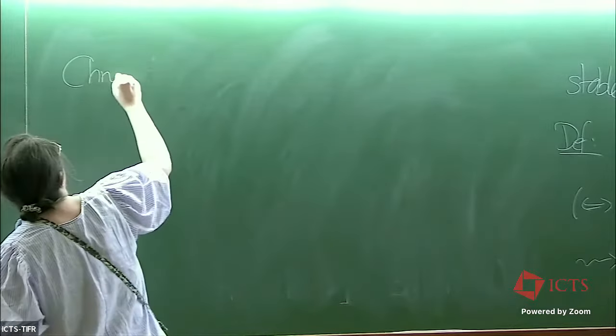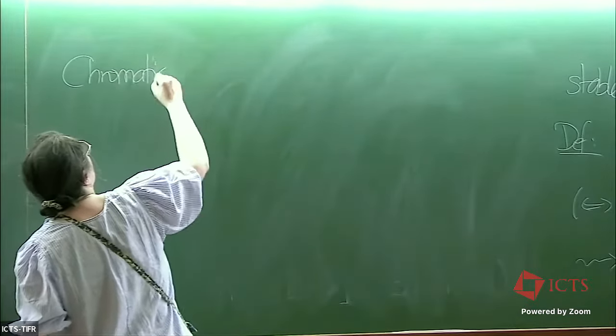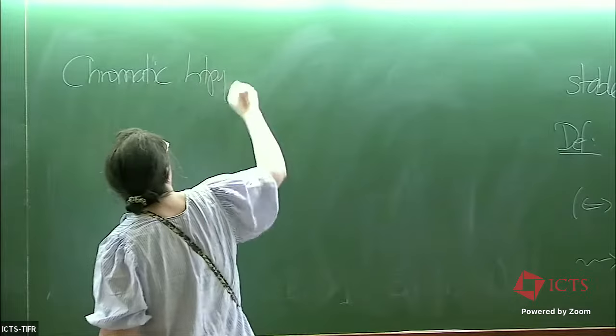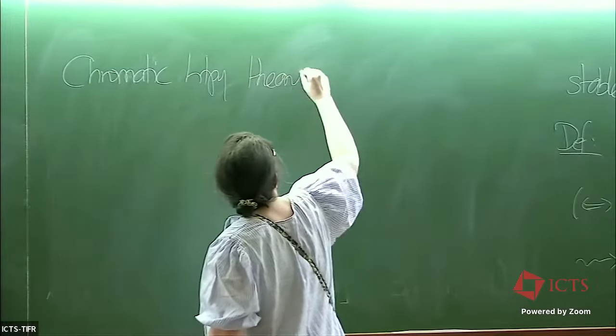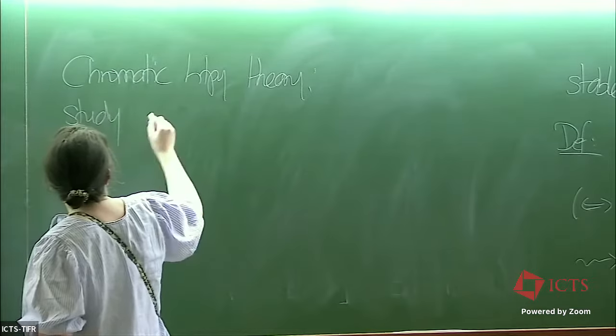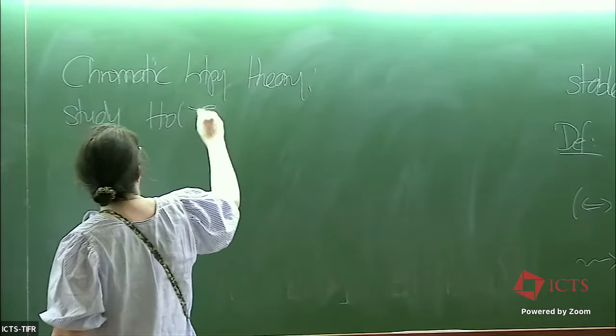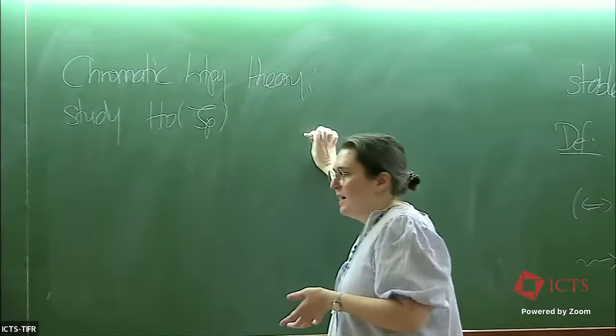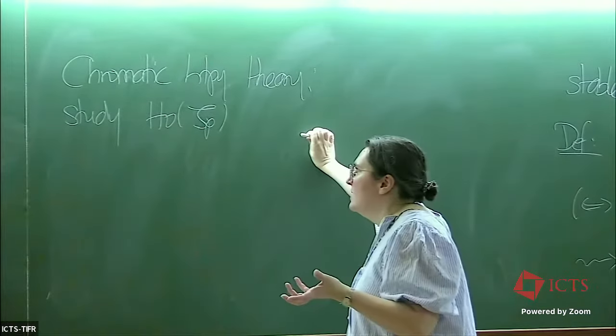So in chromatic homotopy theory, we study the structure of the stable homotopy category using certain methods.